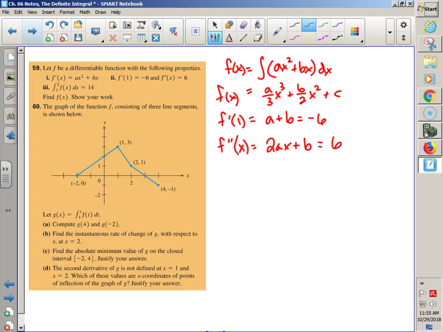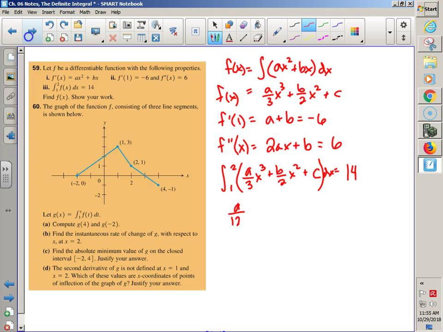The integral of... I mean, we could do that, right?